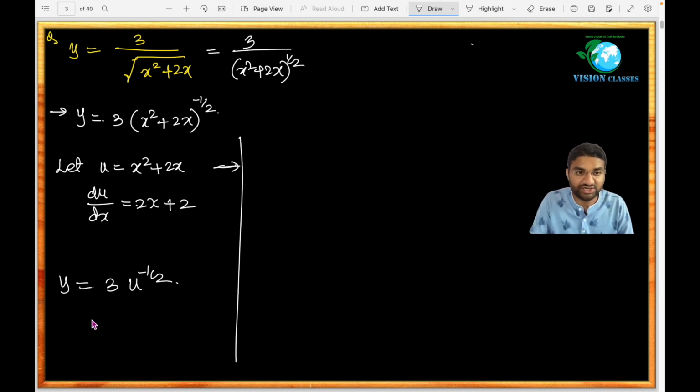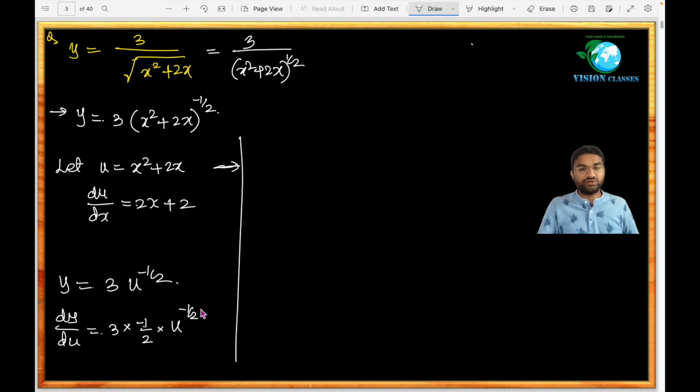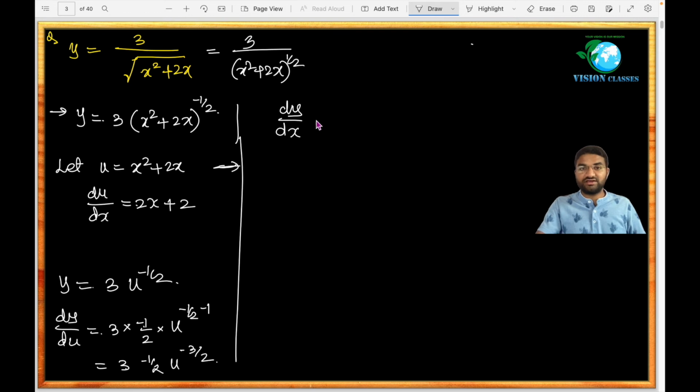This is the differentiation you got, and dy by du is equal to 3 times negative 1 by 2 u raised to negative 1 by 2 minus 1, right? So it will be 3 times negative 1 by 2 u raised to negative 3 by 2. That's it. So it's negative 3 by 2 actually, right? So now put in the chain rule: dy by dx is equal to dy by du times du by dx.